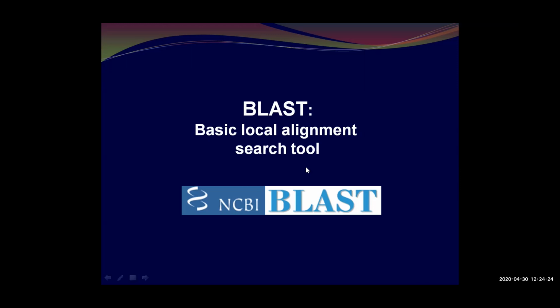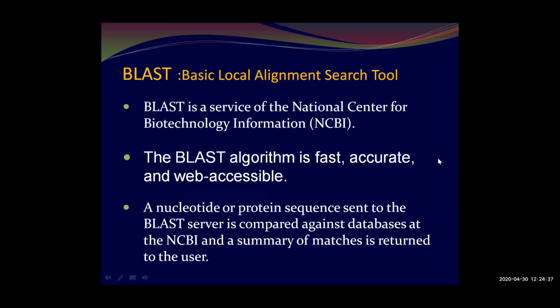So sequence information in the databases is stored along with many other associated information. All these associated information can be downloaded from NCBI. So the Basic Local Alignment Search Tool is hosted by NCBI, as I already said. This is an algorithm which is very fast, accurate, and web accessible.